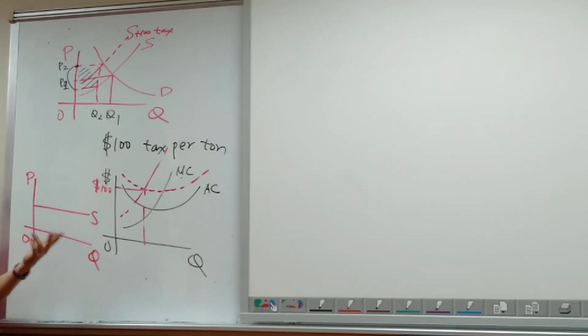In this case, the question doesn't say anything about this. It just tells us that the producer is in a constant cost industry, but it doesn't tell us about the elasticity of the consumer. But suppose the consumer is something like this, and the consumer has to pay the tax.